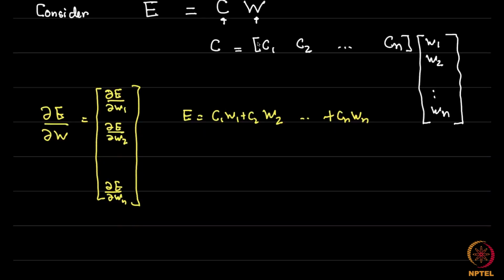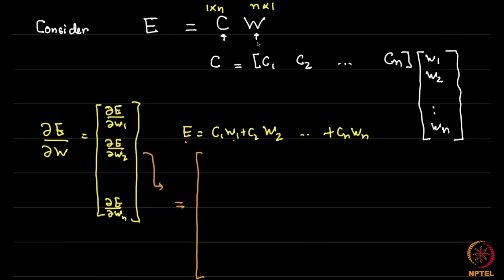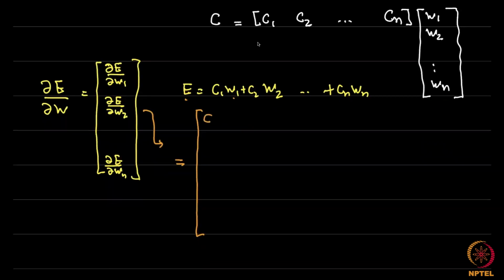So now if we see this and we try to find out what del E del W1 is, all other variables are 0, and the only term that remains is C1. Del E del W2 is C2, so on and so forth, and del E del Wn is Cn. So this is the result of del E del W. What is this?